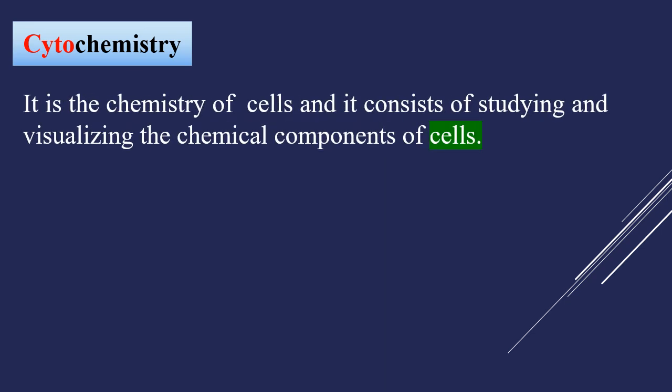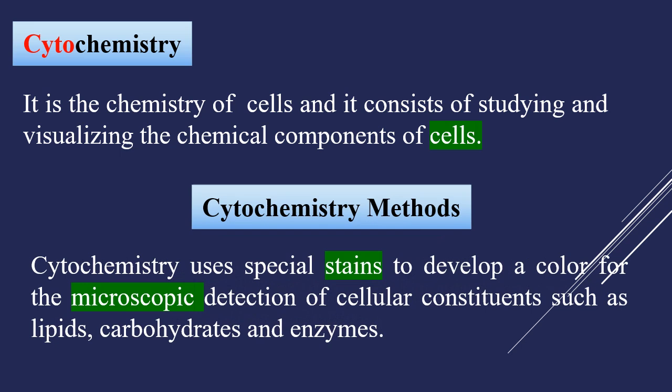First of all, cytochemistry. It is the chemistry of cells, and it consists of studying and visualizing the chemical components of cells. To do this, we need some methods. Cytochemistry uses special stains to develop a color for the microscopic detection of cellular constituents such as lipids, carbohydrates, and enzymes.